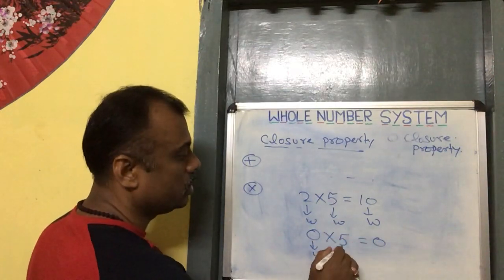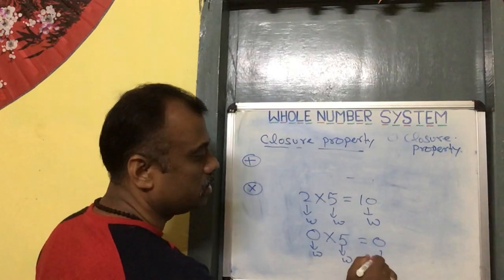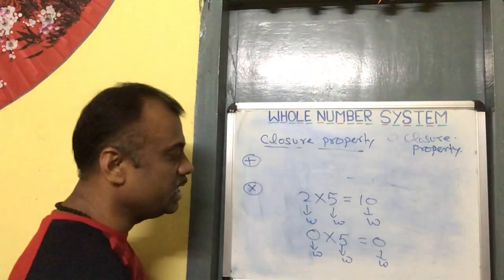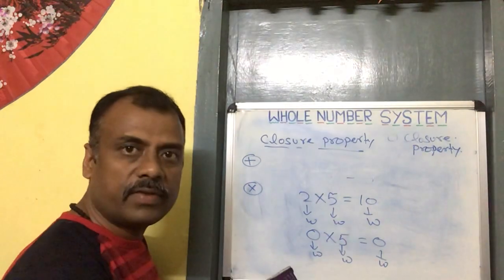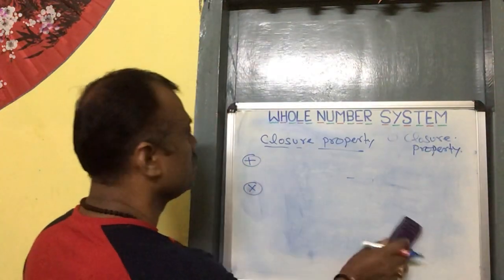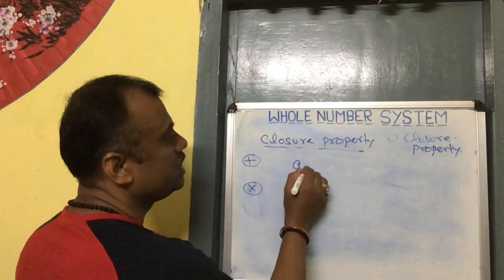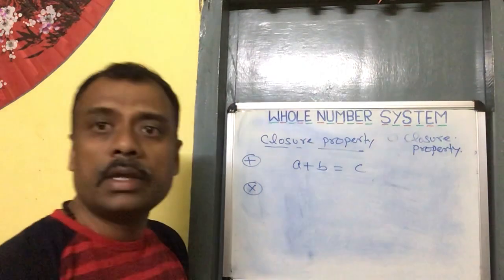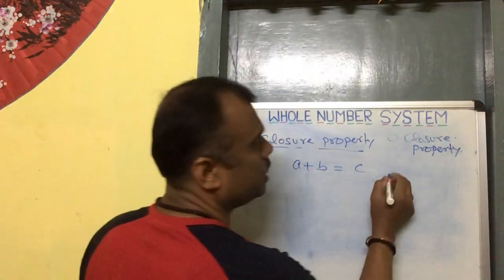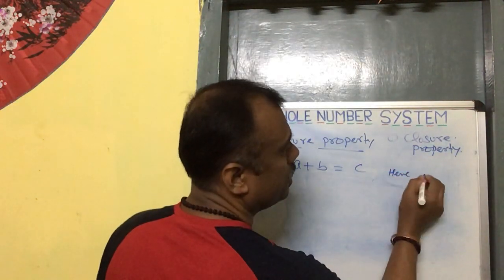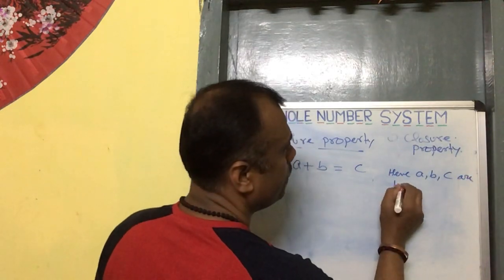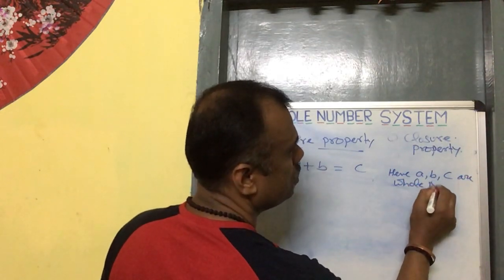It is a whole number, it is a whole number, and this one is also a whole number. In general we can write: let A be any whole number, B another whole number, we are getting another whole number. Here A, B and C are whole numbers.